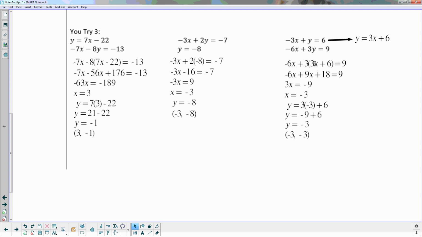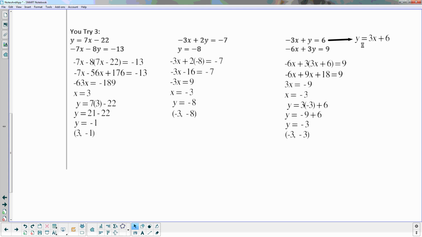Plug that in for y in the second equation, and I end up with negative 6x plus 9x plus 18 equals 9. Combining like terms and moving my 18 to the other side, I get 3x equals negative 9, so x equals negative 3.